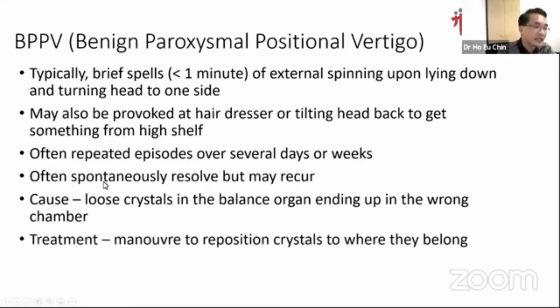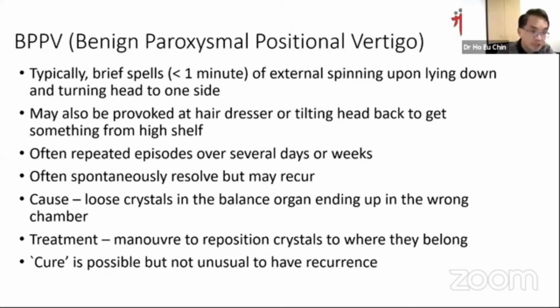And then the treatment is either waiting for the crystals to dissolve away, which is what we believe happened to the crystals when no treatment is given, or if you see a doctor or a physiotherapist or anyone who knows what to do, they can do a series of maneuvers to move the crystals back to the original chamber, actually it's one of the two, that contain the crystals so that they stop giving problems to the other three chambers.